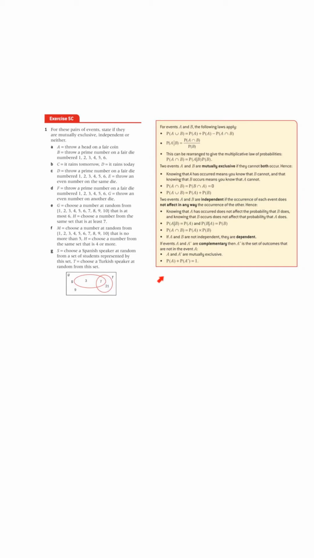It's quite comprehensive. It looks at mutually exclusive, independent, dependent, and complementary events, and has some conditional situations up here. Okay, so we said we're going to have a look at B, D, and F.